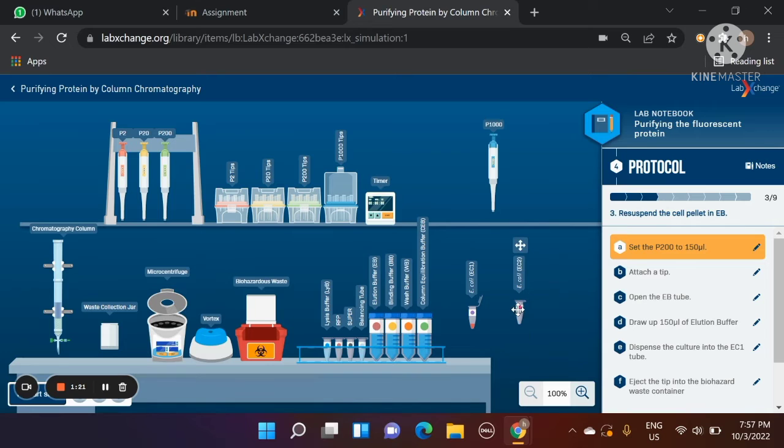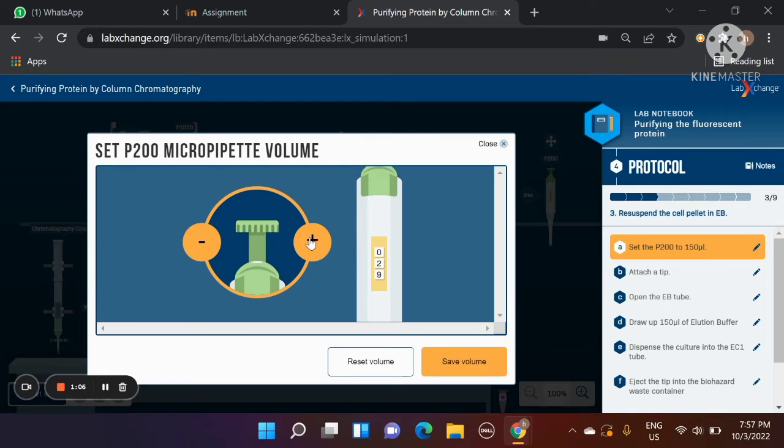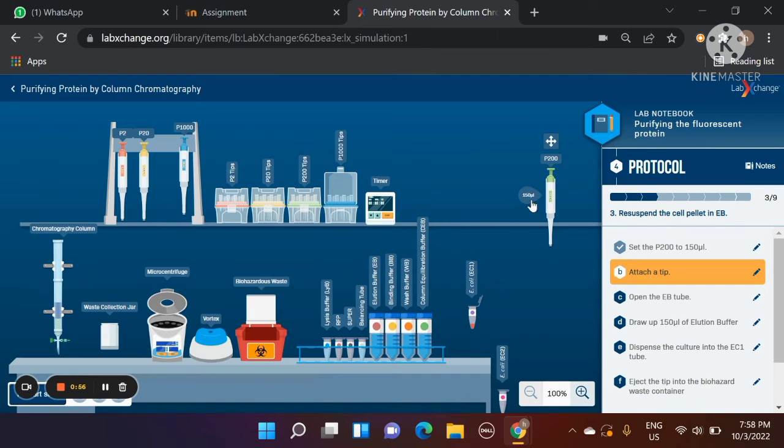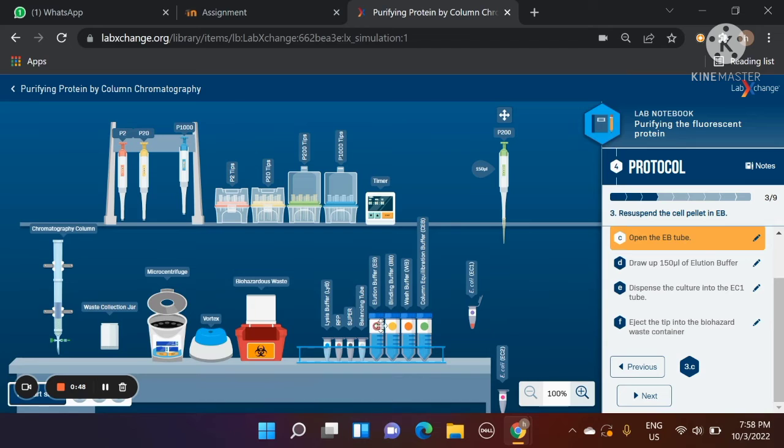Afterwards, we have to set the P200 to 150 microliters. Then we already got the 150 microliters, so save the volume. Afterwards, take a tip. Afterwards, open the EB tube. The EB tube is over here.